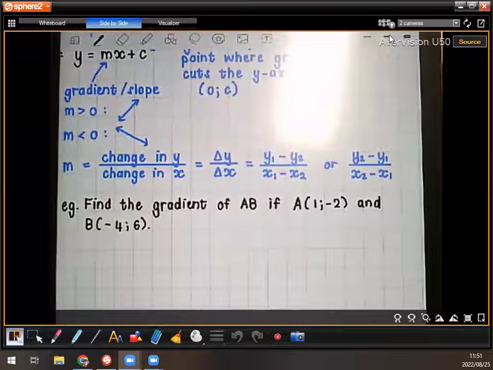No, we don't have to do the graph. We're just going to calculate the gradient, yeah?